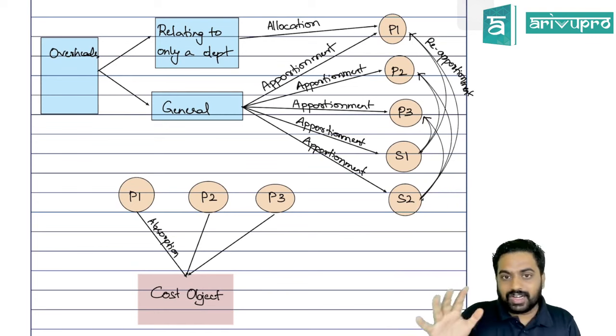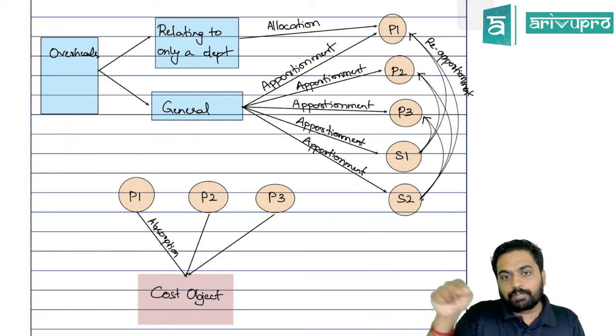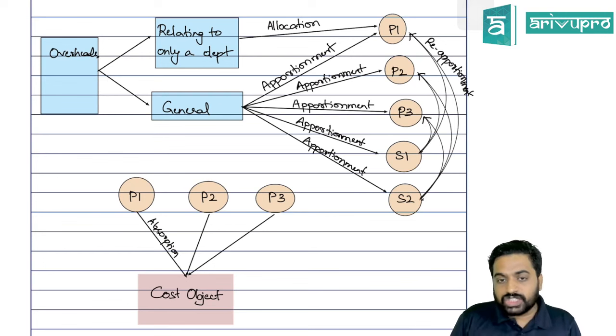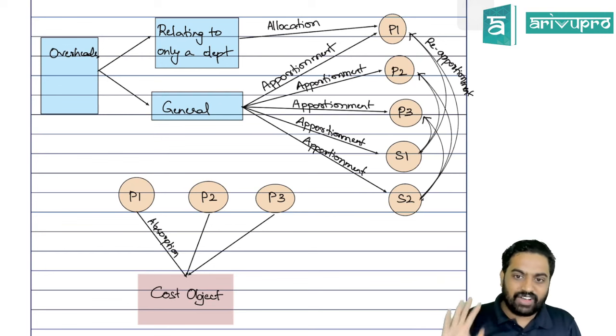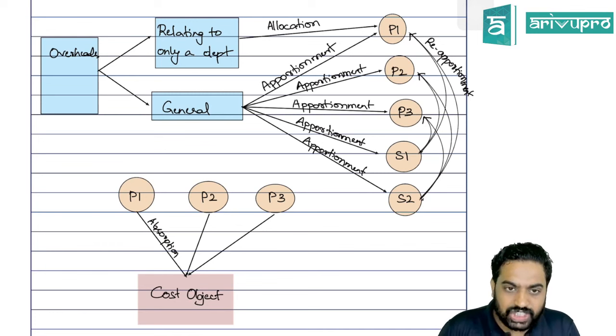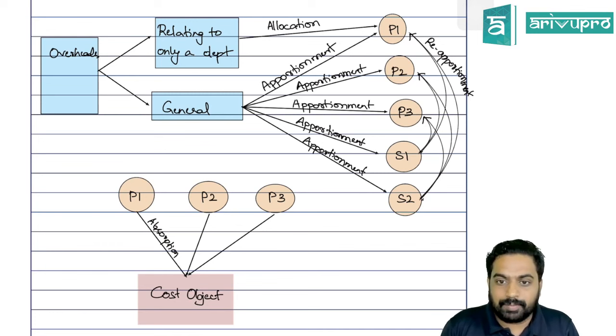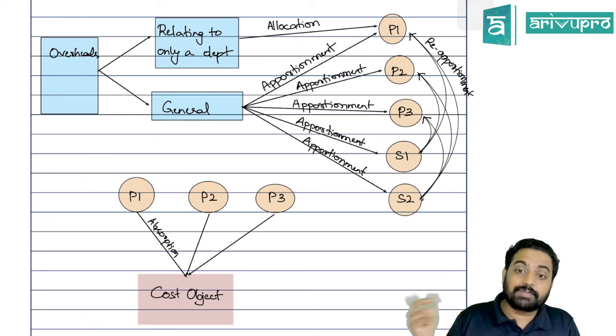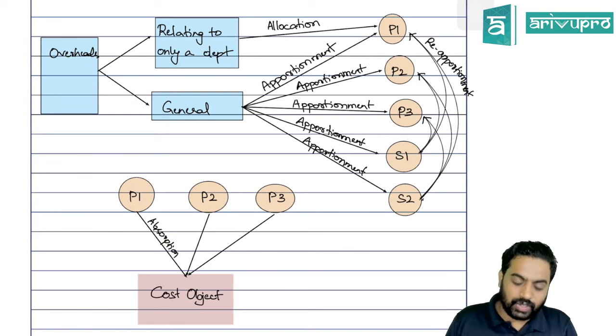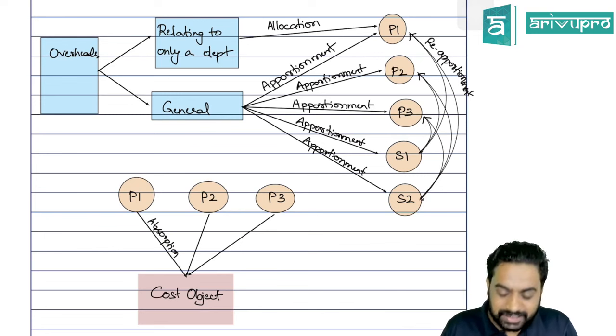For example, here S1 is providing service to S2 and P1, P2, P3, whereas S2 is providing service only to P1, P2, P3. In this kind of situation, we will go for the step method, also called the non-reciprocal method.